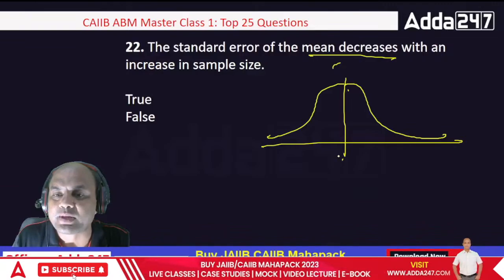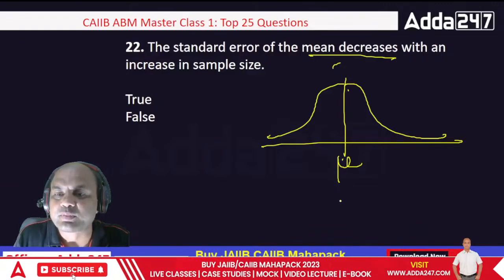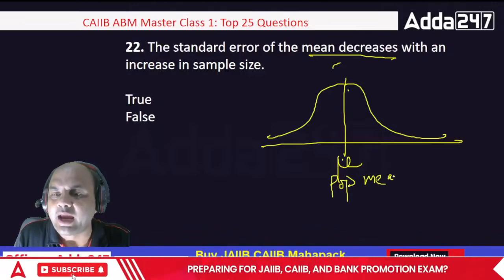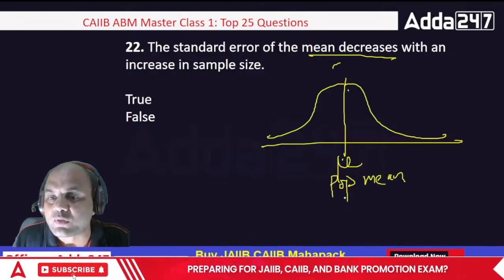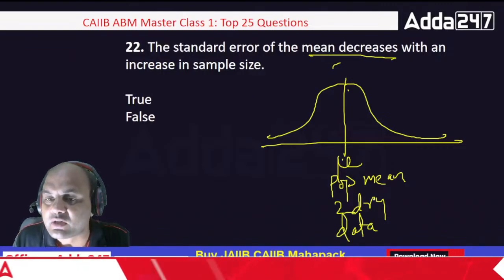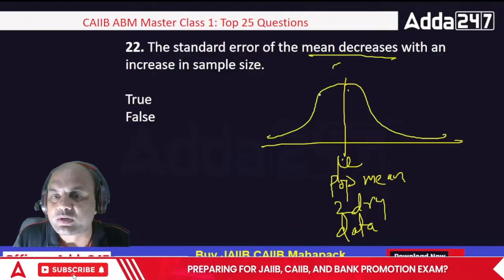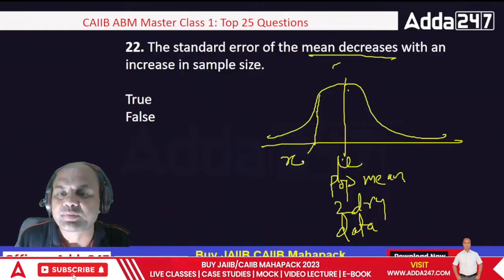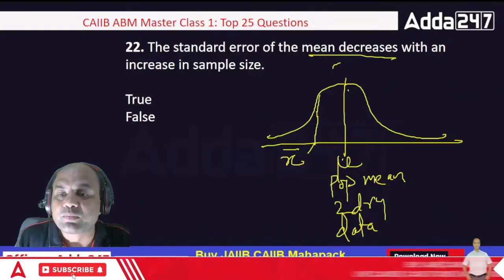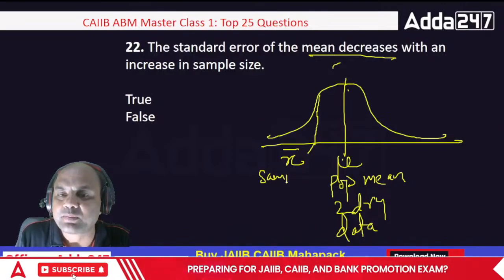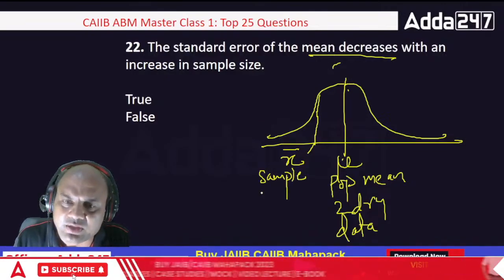This is known as the population mean, mu, and I get this from secondary data. When I do my own survey, I get this answer over here, the actual answer. This is known as X bar, the sample mean, or the sampling distribution mean.